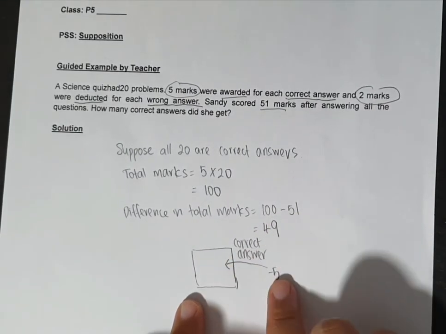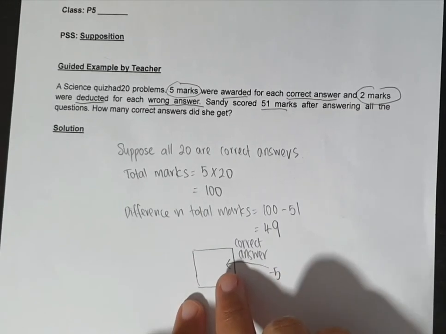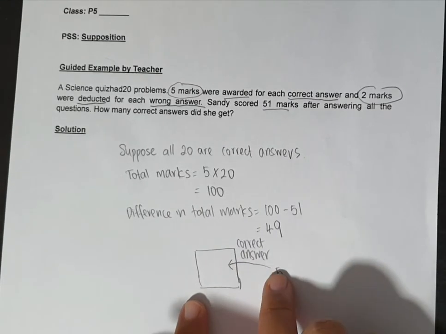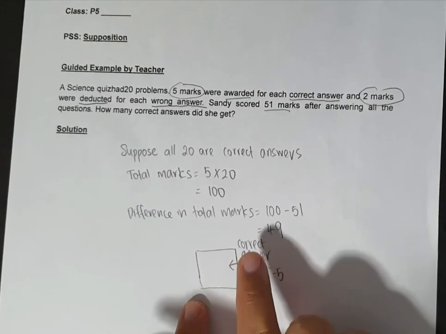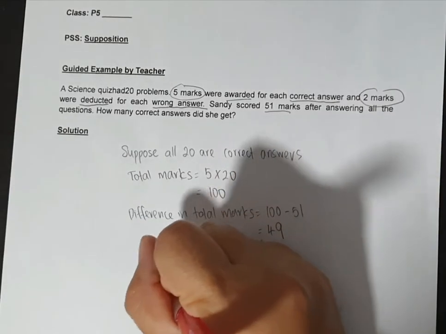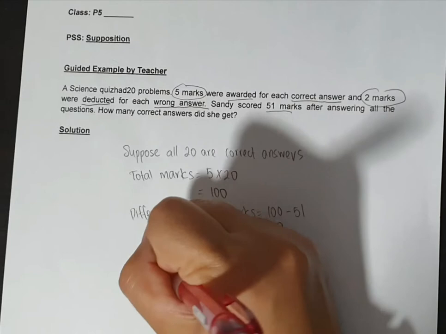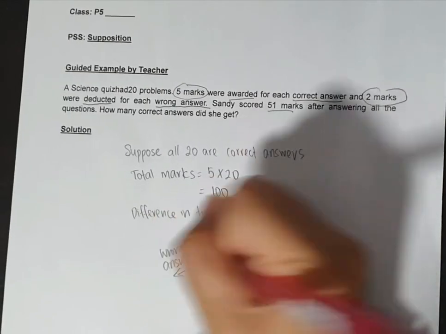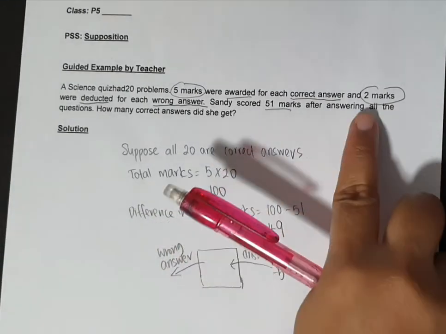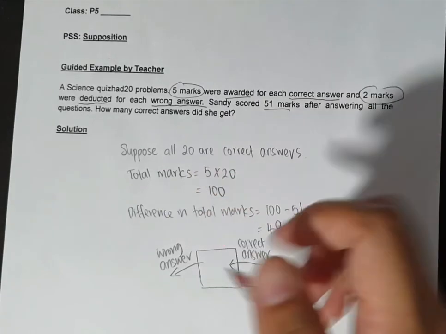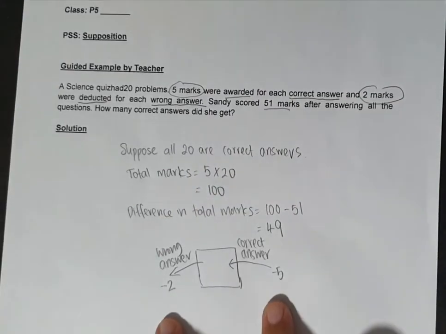But you cannot just put in the correct answer. You need to exchange the correct answer for a wrong answer. Whenever you take out a wrong answer, you notice that in this scenario, 2 marks were deducted. So I take away 2 marks.